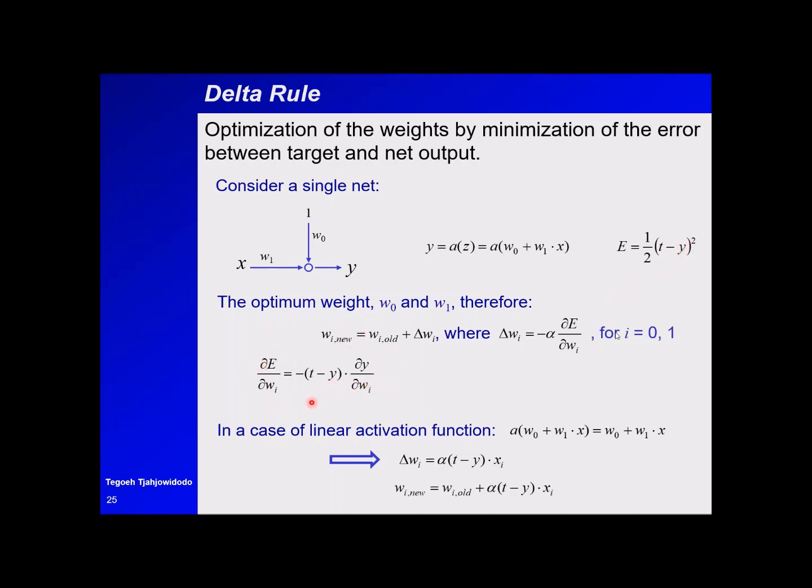So the first derivative of error with respect to W will be expressed by this equation. This is just a simple chain rule of the derivation function.